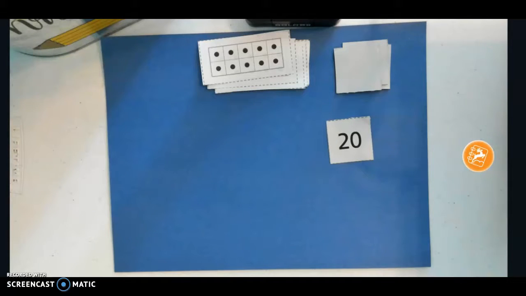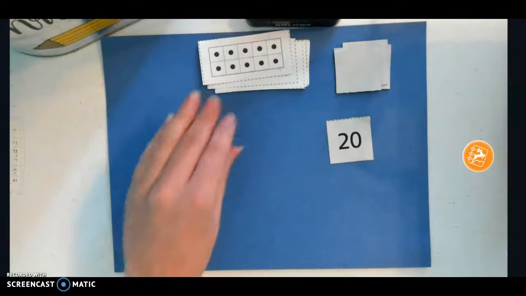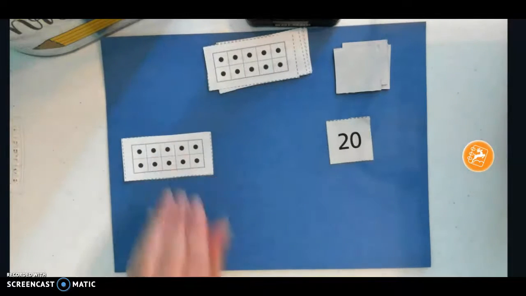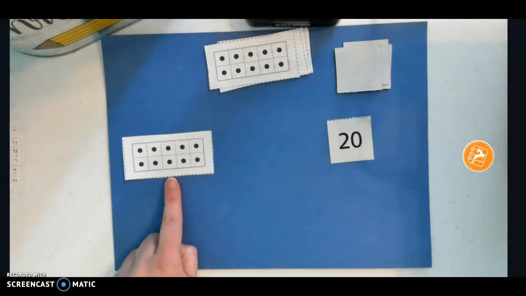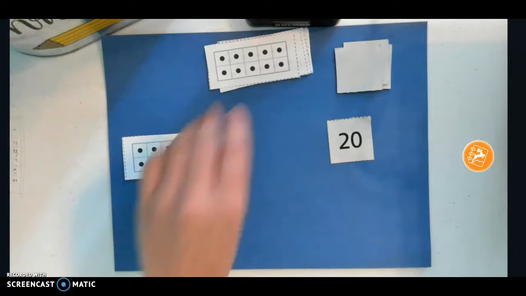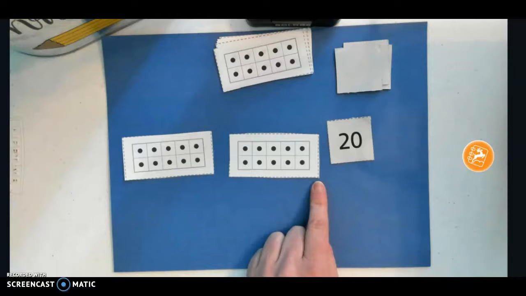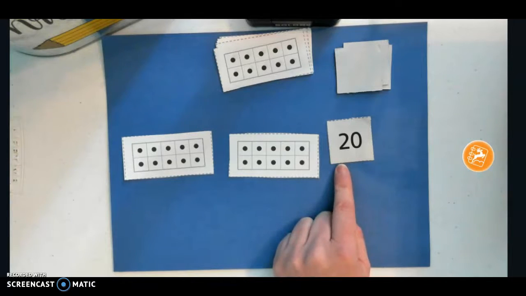Shout it out when you know. Now let's build it. One full 10 frame card makes 10, 2 full 10 frame cards is the same thing as 20.